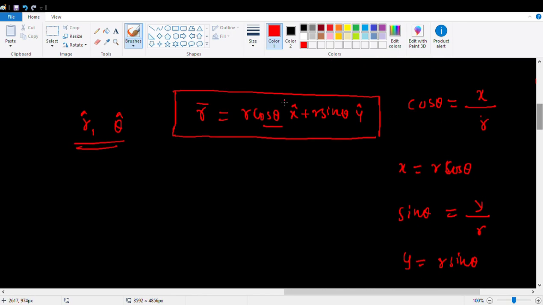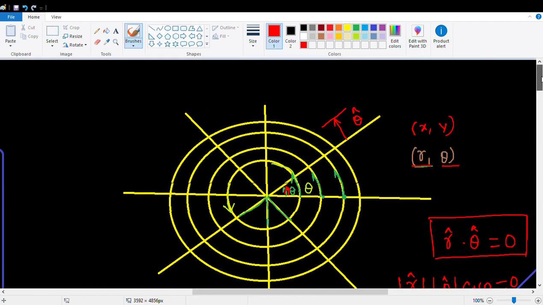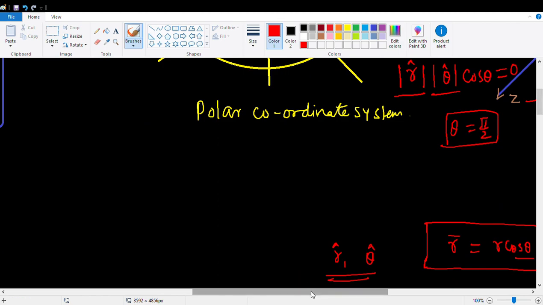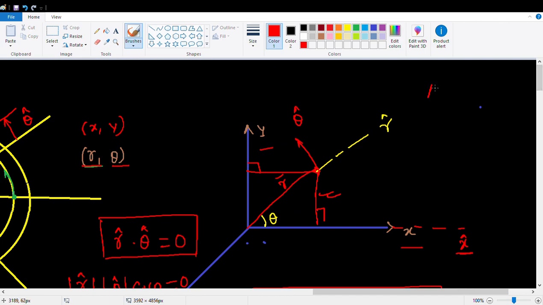One way of getting the r hat is simply the r vector over its magnitude, because r is common. Suppose I have a vector a with magnitude a and unit vector a hat; then a hat is nothing but the a vector over its magnitude.